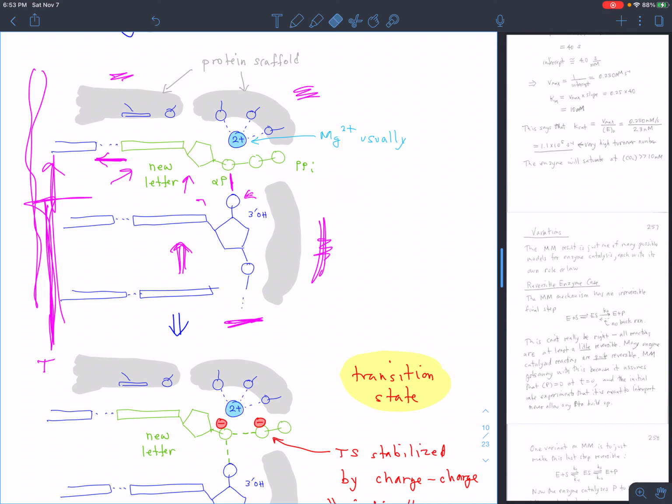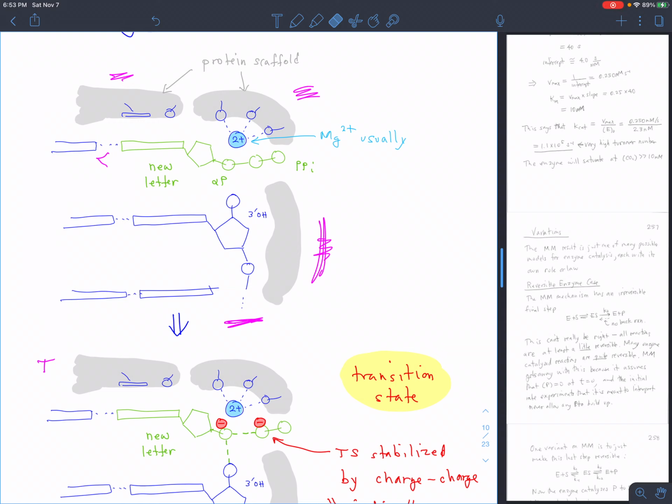Well, how does that work? You can kind of see that, I mean, I don't indicate it very well, and I'm not drawing all the complexity of the protein, but here's a part of the protein. It's stabilizing or holding in place this terminal base on the DNA. Then there's another part of the protein that's holding in place a divalent cation.